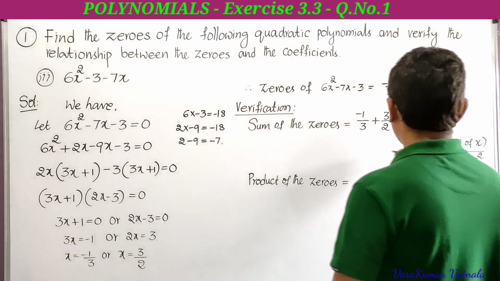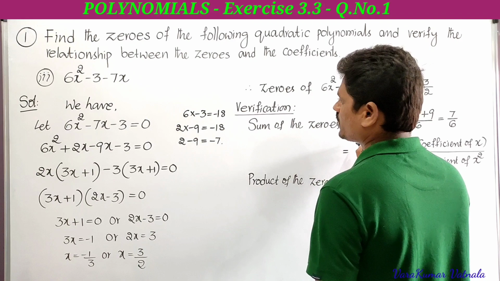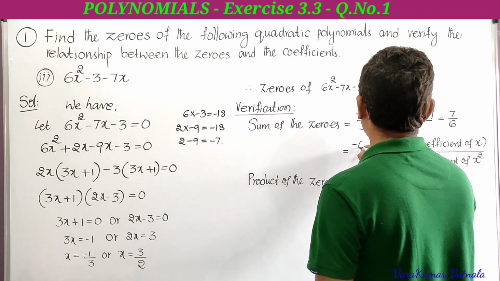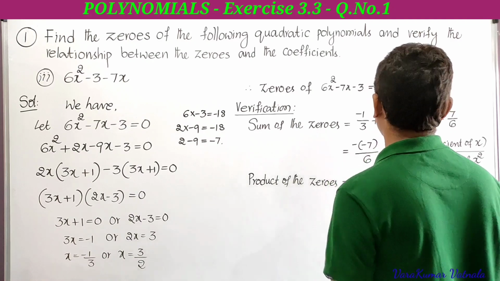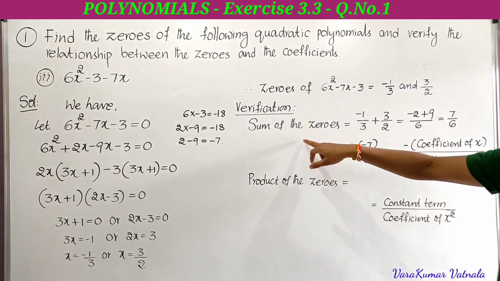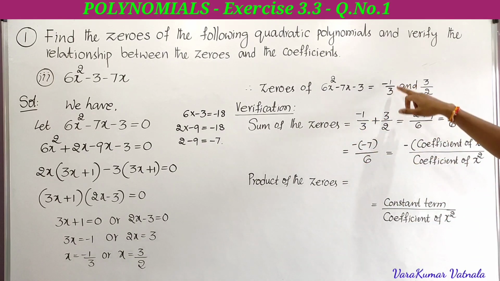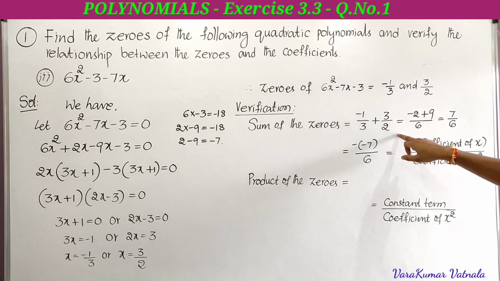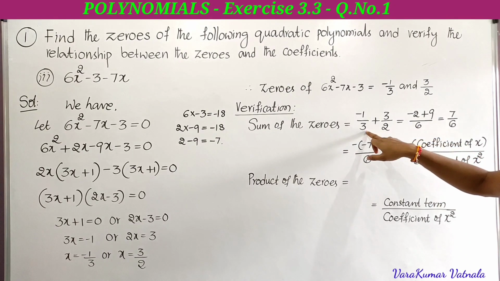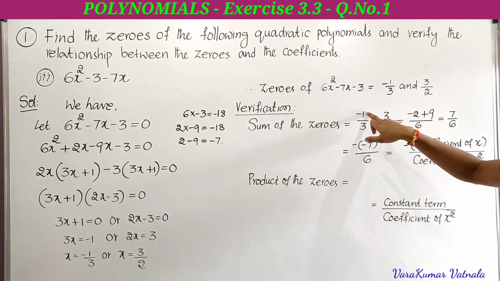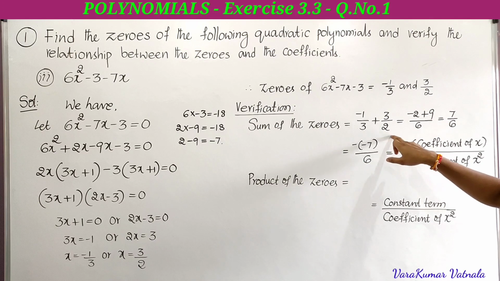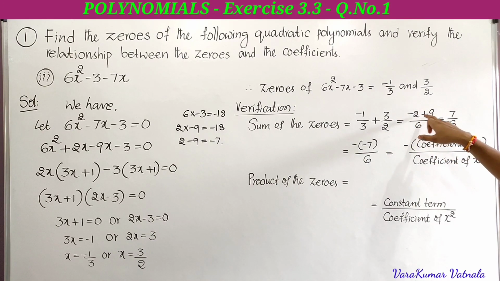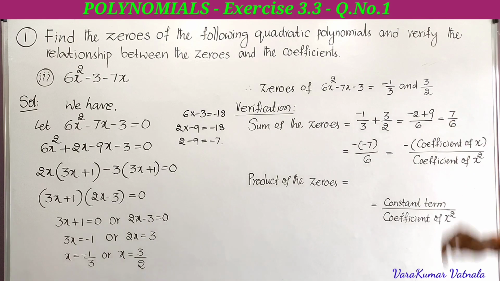I am writing this 7/6 as minus of minus 7 divided by 6. Sum of the zeros is −1/3 + 3/2. The LCM is 6. Dividing 6 by 3 gives 2, and 2 × (−1) is −2. Dividing 6 by 2 gives 3, and 3 × 3 is 9. −2 + 9 is +7 divided by 6.